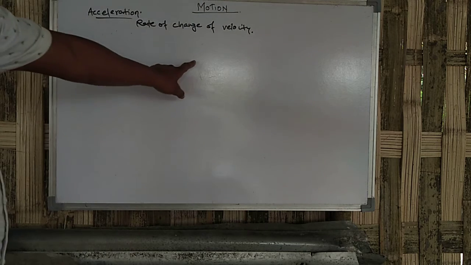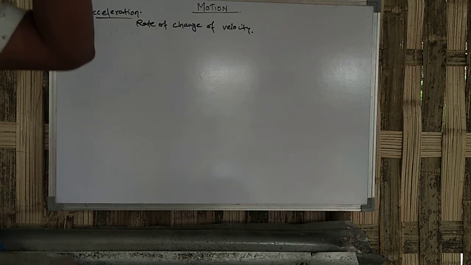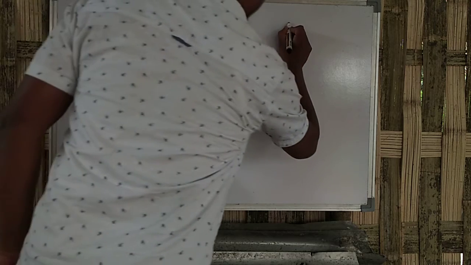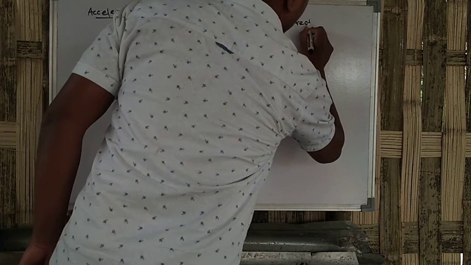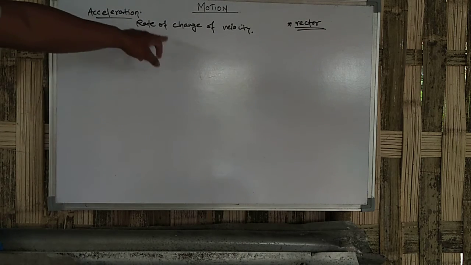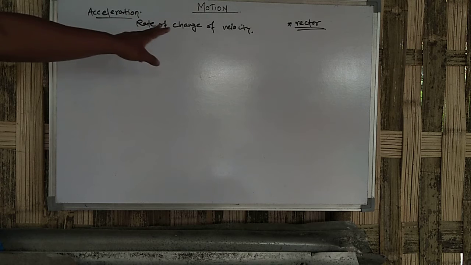Rate of change of velocity is called acceleration. That means, and one more thing, this one is a vector quantity. So acceleration is a vector quantity. Now rate of change of velocity is called acceleration.